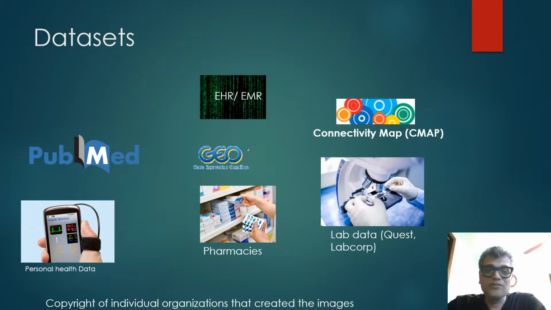We also have connectivity map. Connectivity map is essentially gene expression data pre and post drug treatment of certain sample drug molecules that are available. Now, the pre and post drug treatment expression data can be compared to see which genes are differentially expressed.